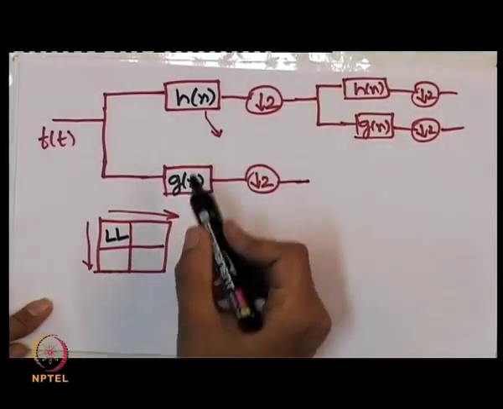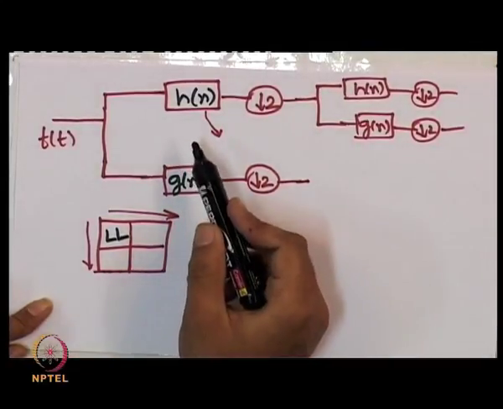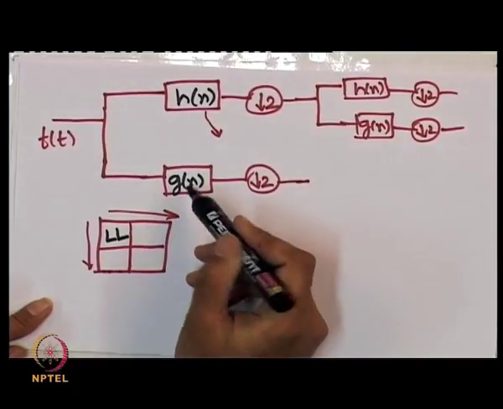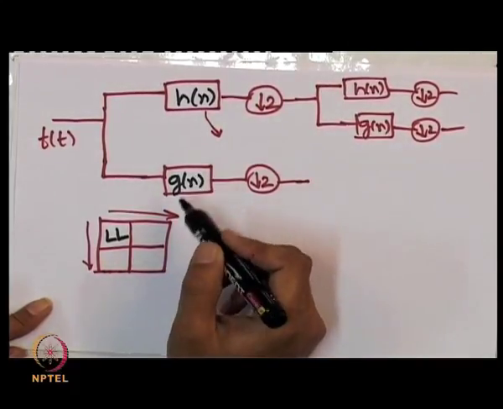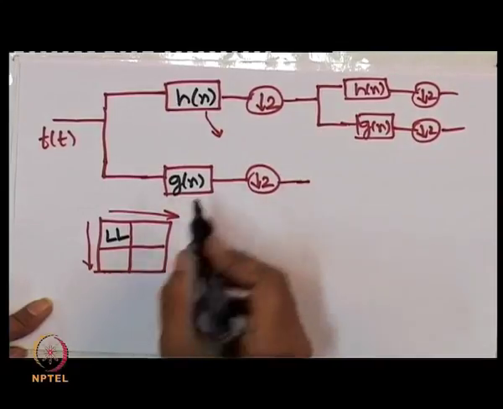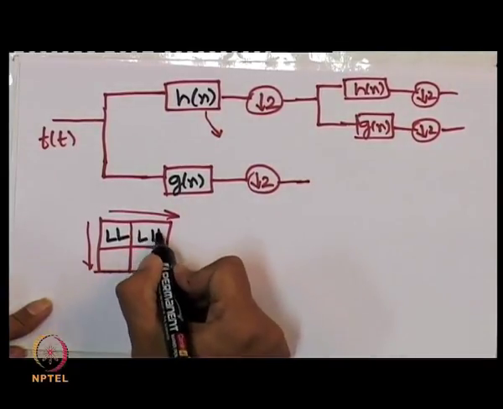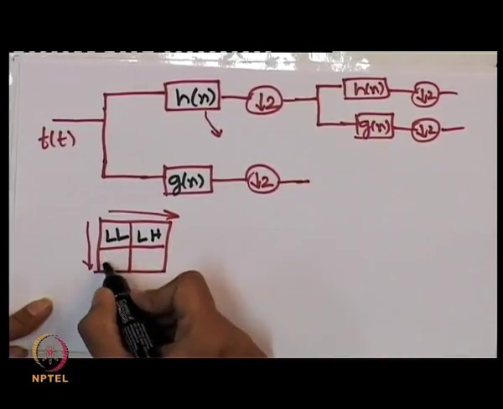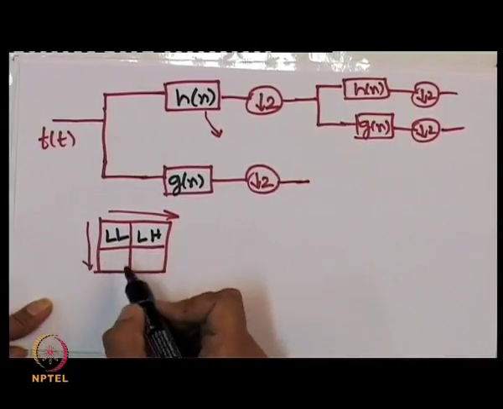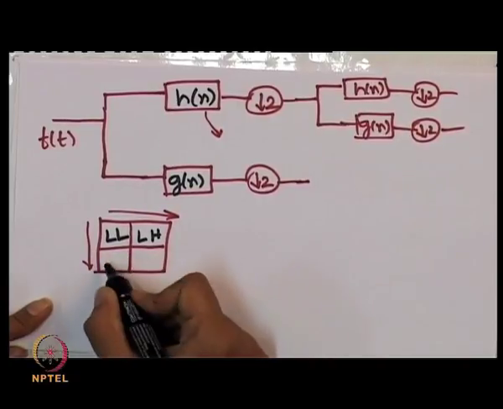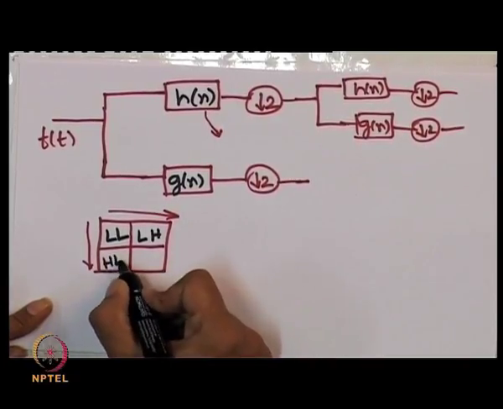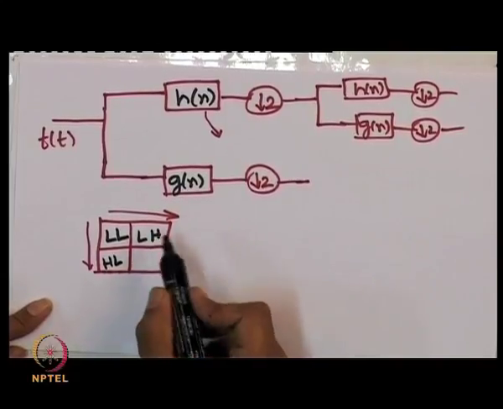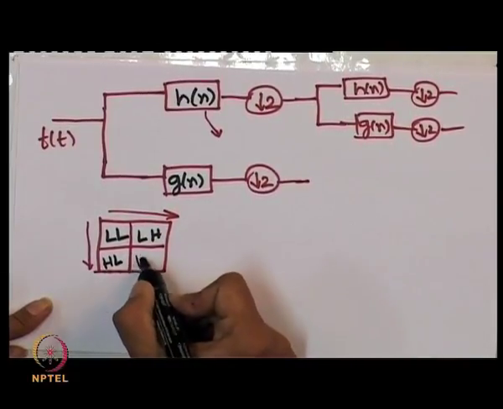If we apply low pass filter HN row wise, downsample, and then apply high pass filter GN column wise, we get the LH band. We repeat this with high pass filter row wise and low pass filter column wise to get HL. And if we apply the high pass filter both row wise and column wise, we get the HH band.